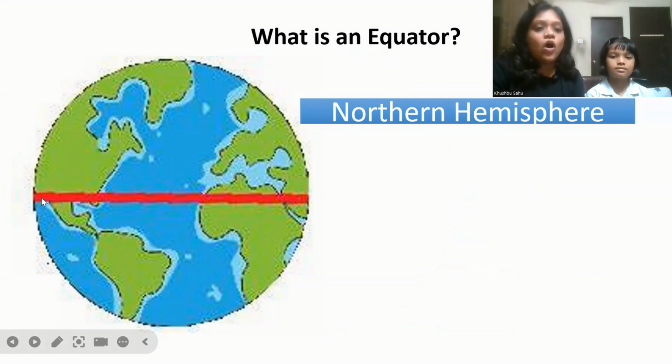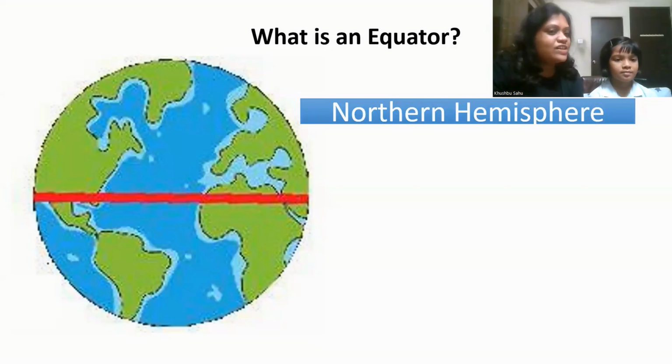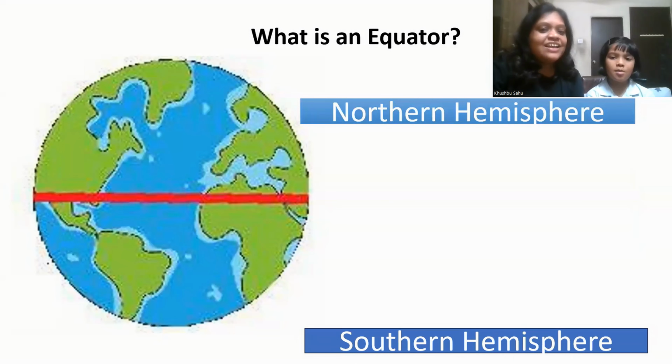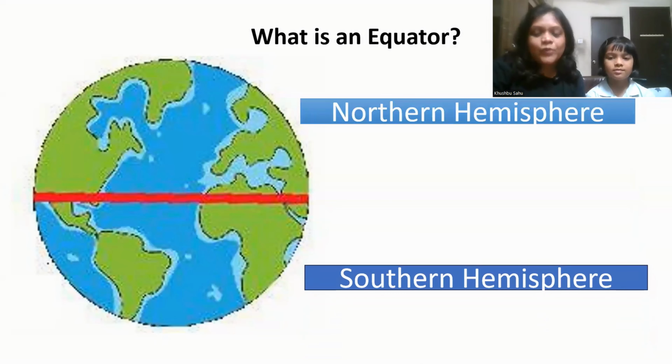Which runs on the Earth's surface from which direction to which direction? From east to west. Right. And which divides the Earth into equal halves. One is the northern hemisphere, another one is the southern hemisphere. So this imaginary line is known as the equator.